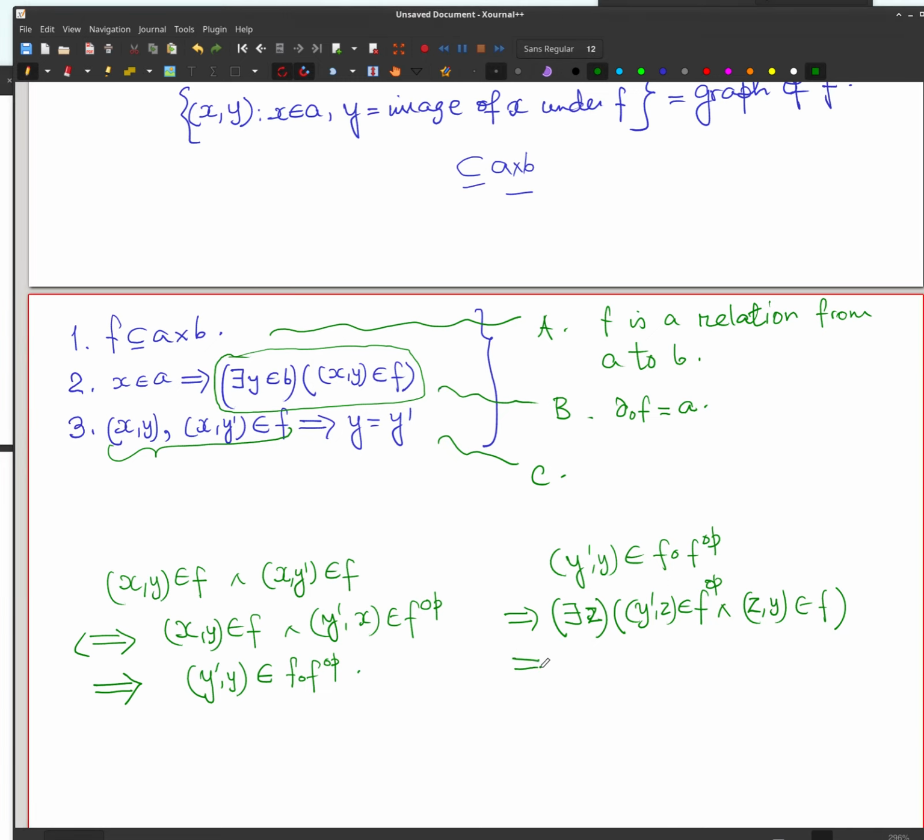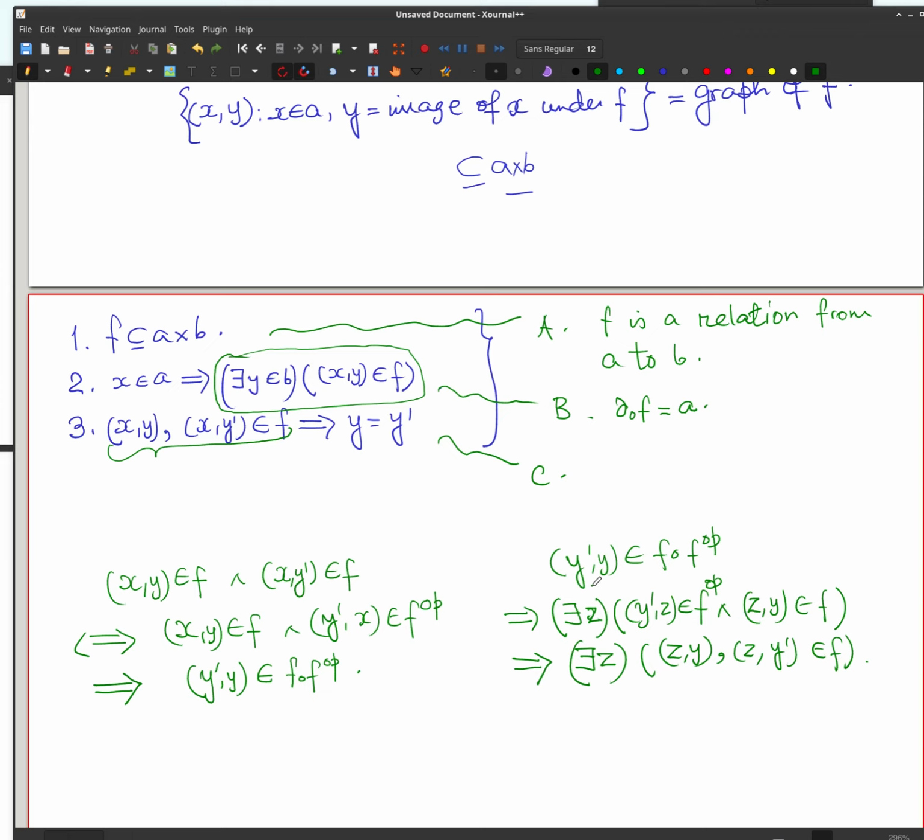So this is telling me that there exists a z such that both (z, y) and (z, y') belong to F. Alright?